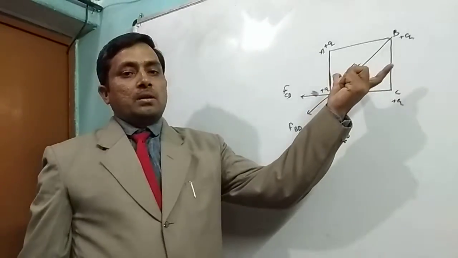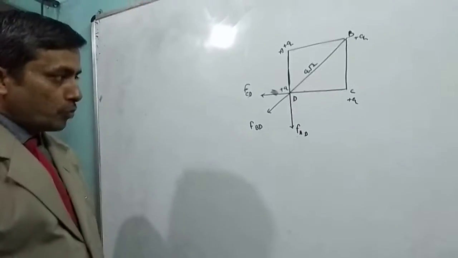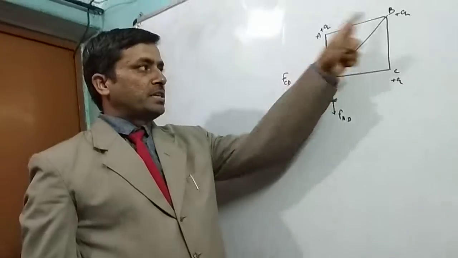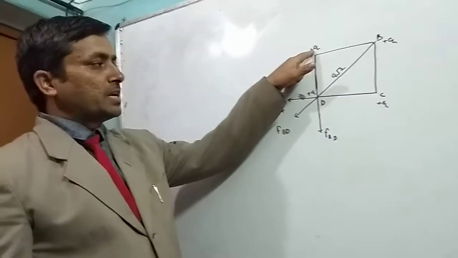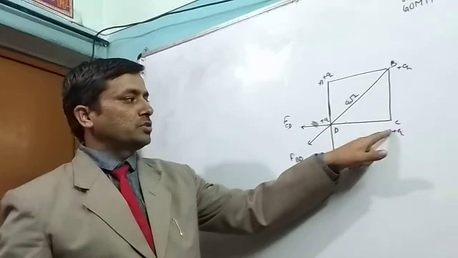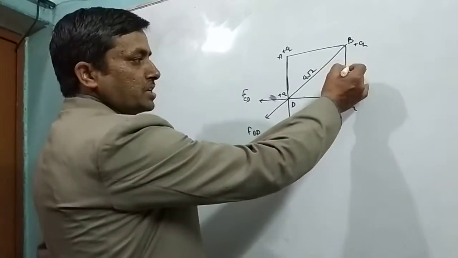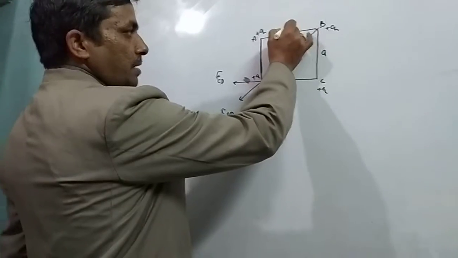In this given figure, find the force at point D, given by charges, each corner charges plus Q, plus Q, plus Q, plus Q, and distance is small a.